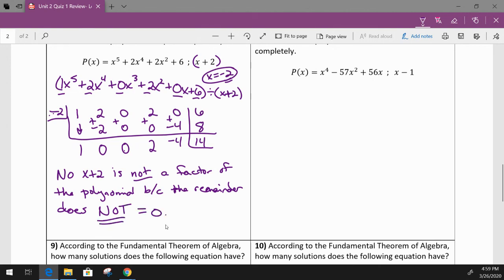Or you could also say something like, because it was p of x up here, you could say p of -2 does not equal 0. So that's another way of stating that the remainder does not equal 0.